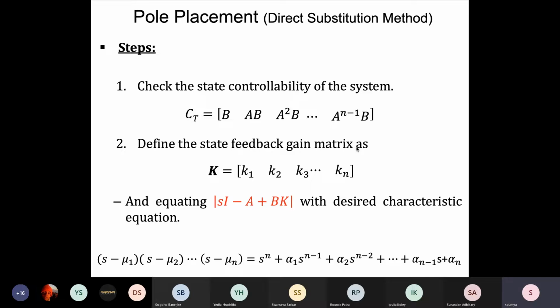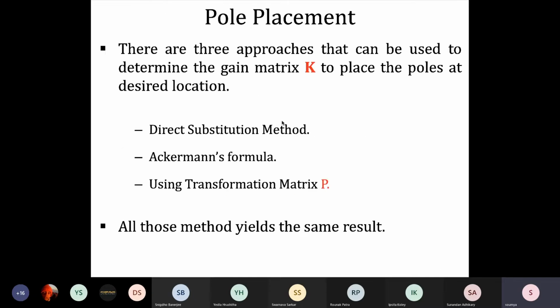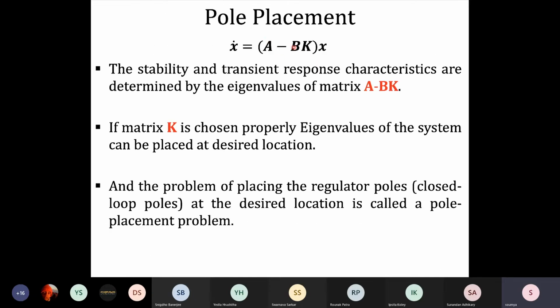Once that check is done, then we go for doing the real thing, right? Our overall problem is to design this k. There are going to be n components in k, and I want to find out what those are. That's my feedback gain, that is the controller. So this was my equation, x dot equal to A minus BK.